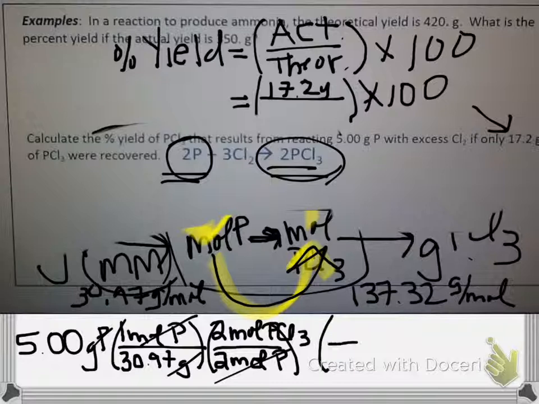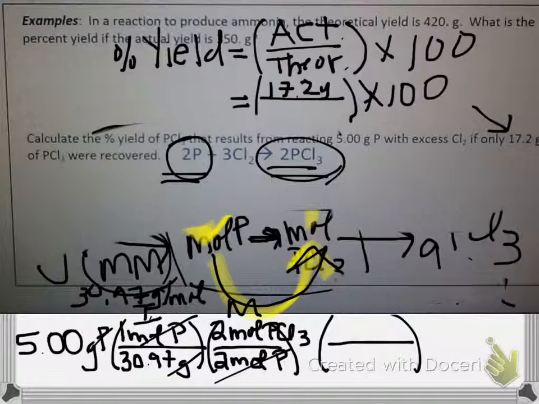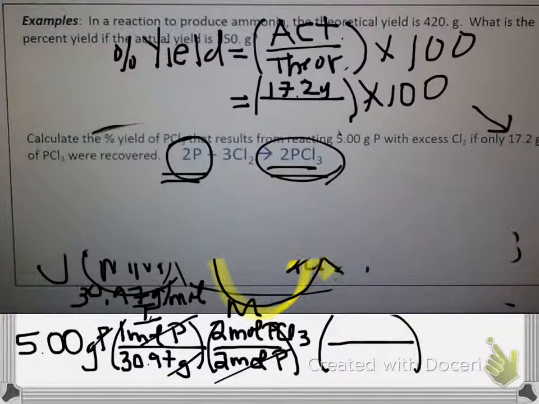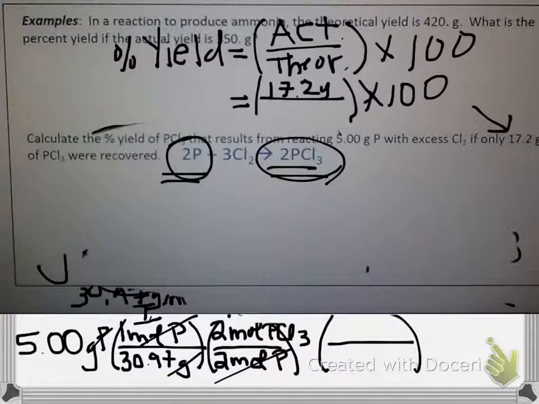And now I'm going to do my out of the mole. So I went into the mole, mole to mole, out of the mole. I did my IMO. Okay, so we're converting out of the mole. We said that there's 137.32 grams for every mole of phosphorus trichloride. So here we go.